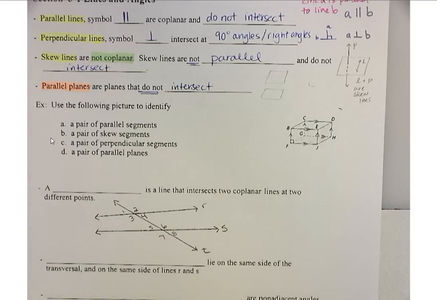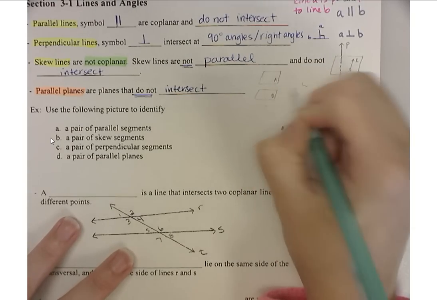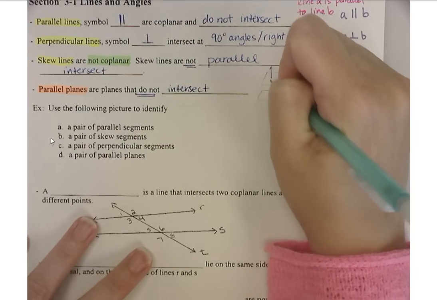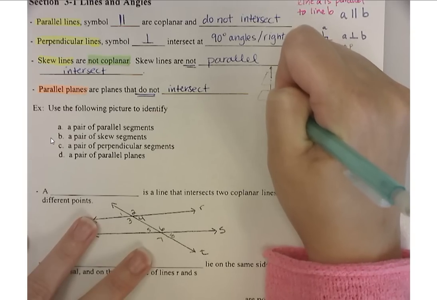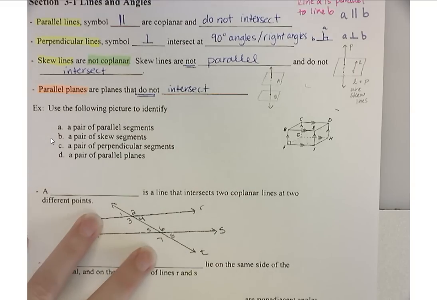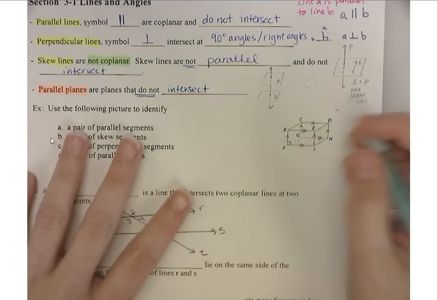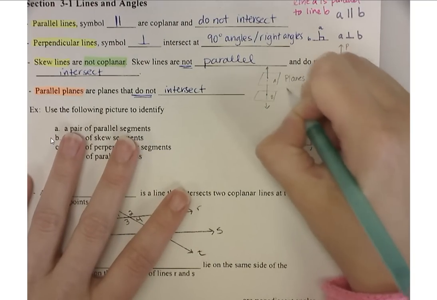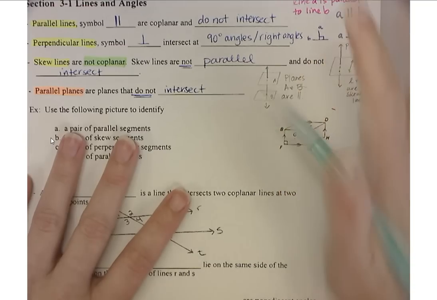Okay, so it's kind of like one is floating on top of the other one. We can even show a line going through both of them. Okay, so in this case, we would have A and B are parallel planes. Okay, so planes A and B are parallel.